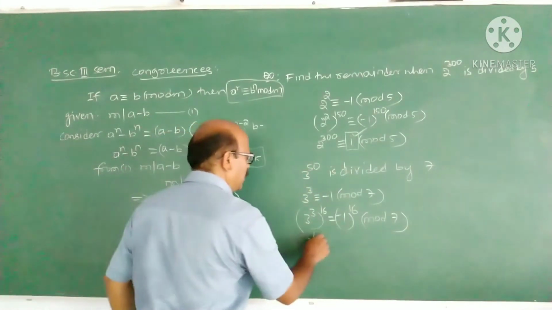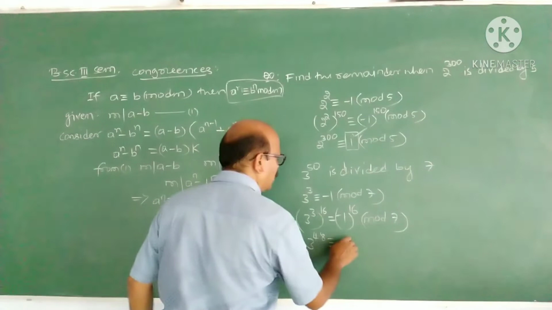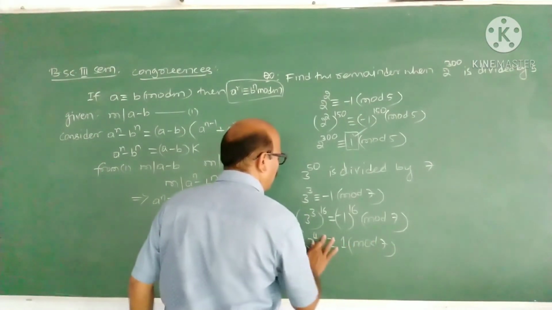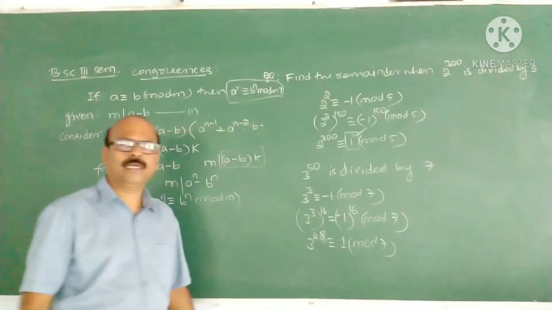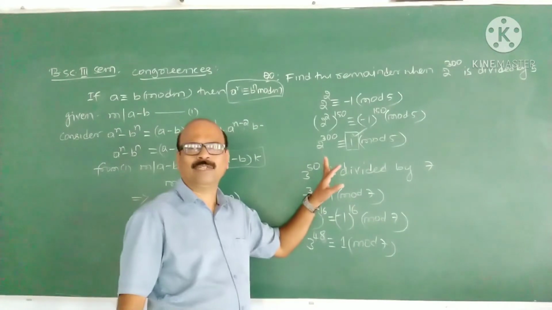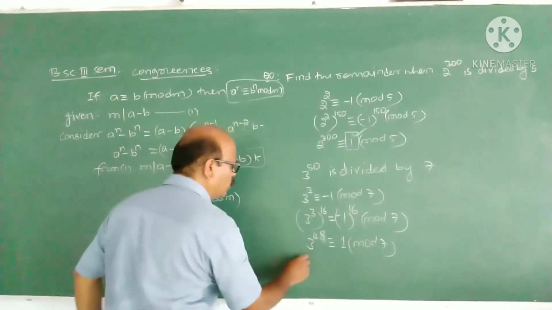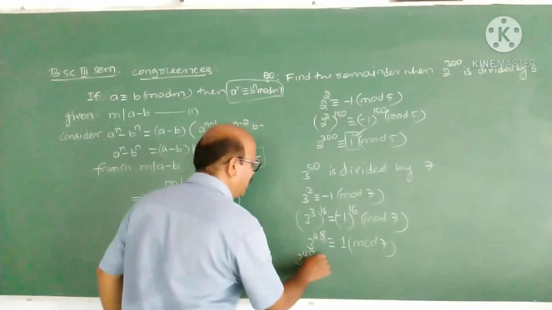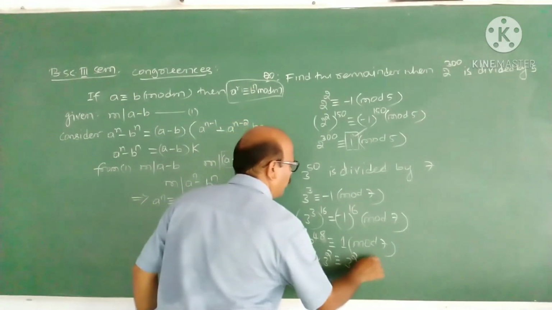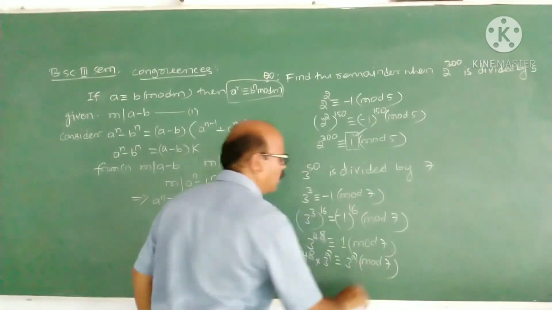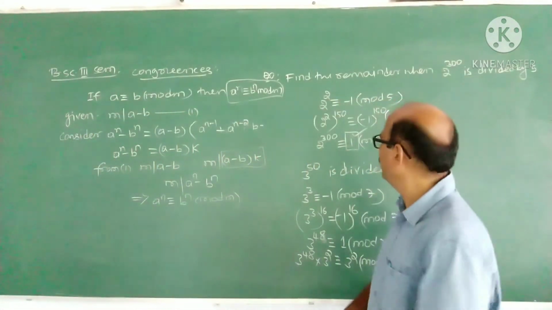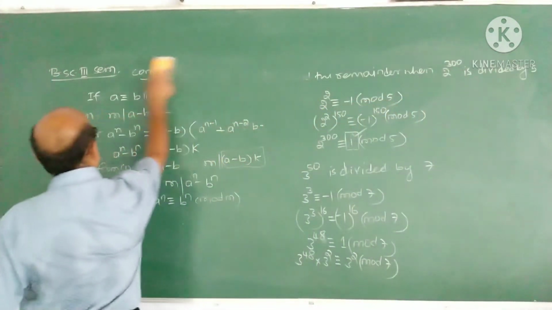What is this? 3 raised to 48 is congruent to 1 mod 7. Now this is 3 raised to 48, but we require the remainder when 3 raised to 50 is divided by 7. So what you have to do? 3 raised to 48 into 3 square is congruent to 3 square mod 7. Because in properties of these congruences, you have studied this.